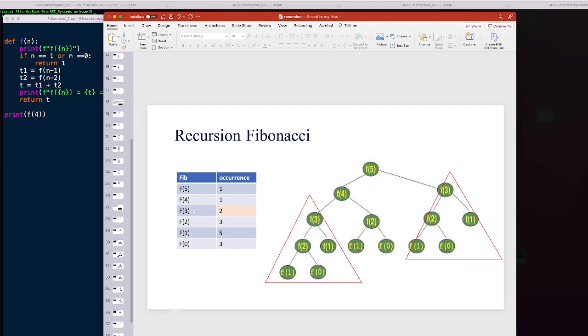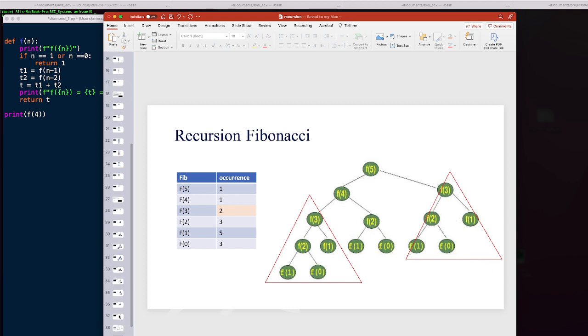Fibonacci of 3 happens 2 times, right? This triangle and this triangle. But these are extra calculations. We didn't need to run 2 triangles. This one was enough. If we have Fibonacci of 3, we're just using it for this node. Why do we need to calculate it again?